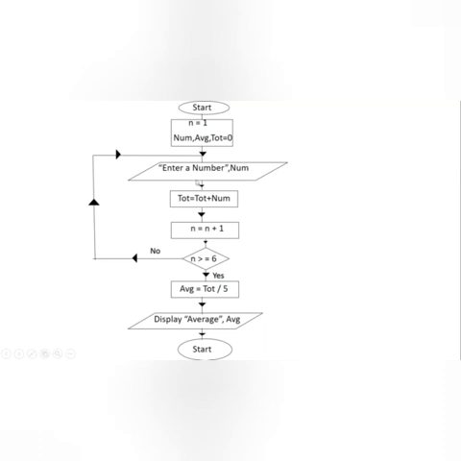In the input, let's enter 2 as the number. So then the new total is equal to 1 plus 2, which is 3. So now in this process here, the new n is equal to the old n plus 1.